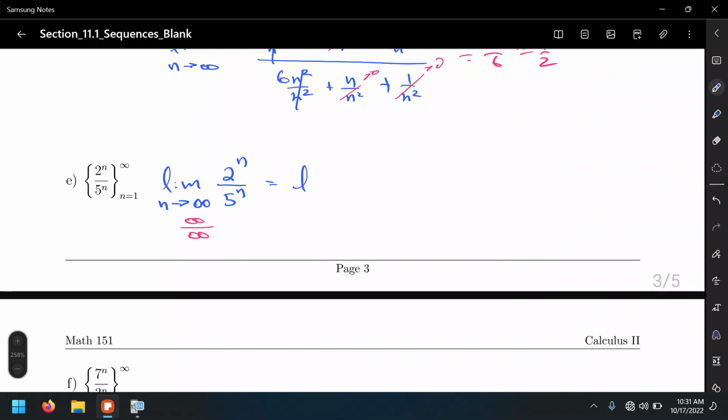Another way to visualize this is to write this limit as n approaches infinity of 2 over 5, to the n power. So what are we going to have in this case?